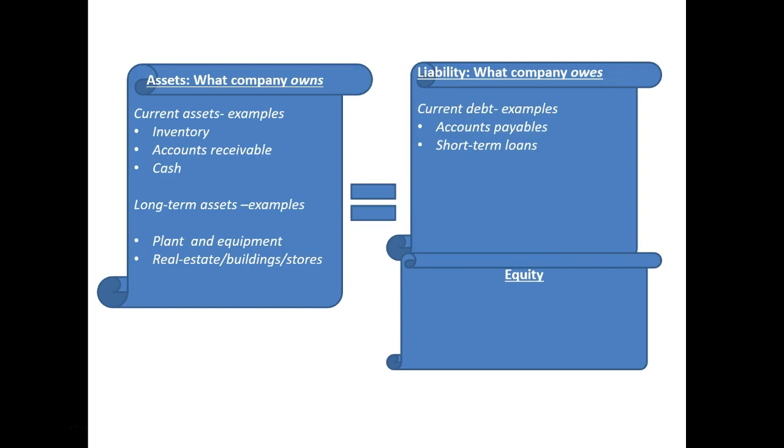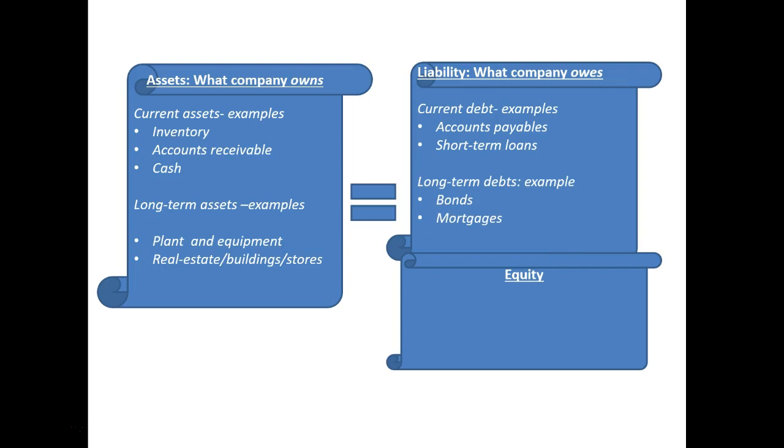Similarly, on the liability side, you'll have current debt, which would be like accounts payable, something that you owe your suppliers, typically going to pay them within less than 12 months. So that's short-term debt, and also some short-term loans that you may have. That means anything that you get from somebody, be it a bank, that is short-term, which means that you owe them the money back within 12 months, so consider it a short-term loan.